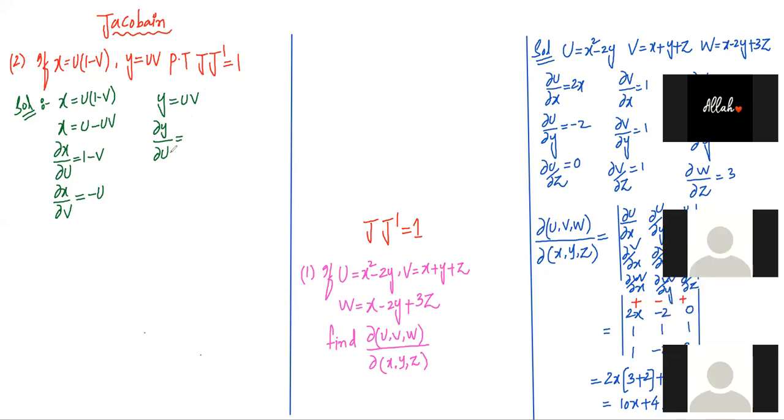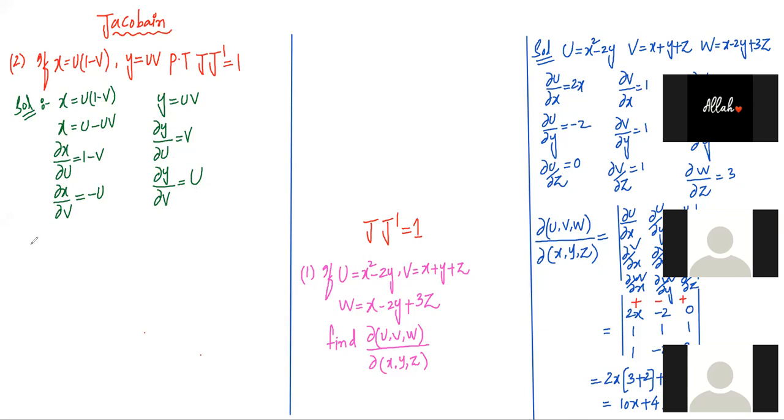U means it is v only left now. U with respect to u becomes 1, v left. Now y with respect to v, here u is left now. Do you understand? Yes, sir.